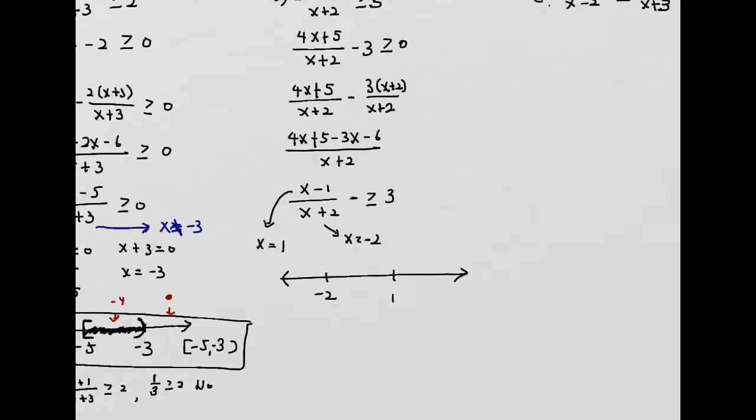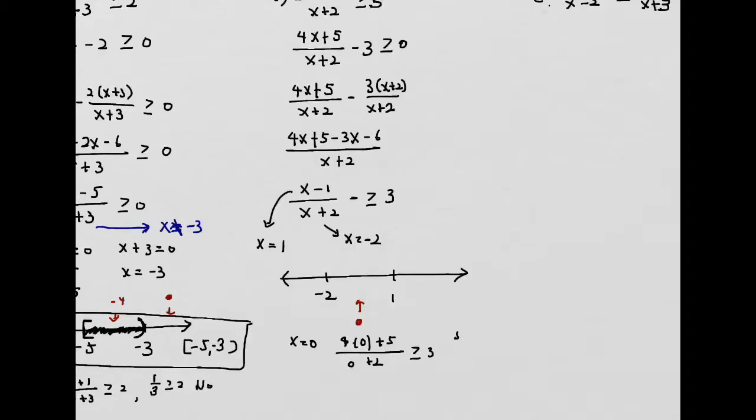So again, 0 is an easy number to test, and I see 0 somewhere here in the middle area. So when I plug 0 into the original problem, when x equals 0, I get (4 times 0 plus 5) over (0 plus 2) should be greater than or equal to 3. Let's see if this is true.